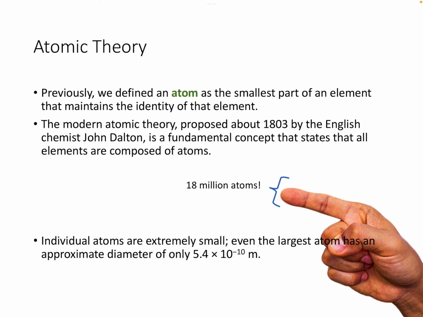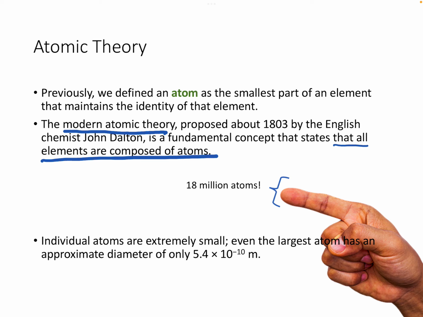This was proposed in 1803, so a very long time ago, over 2 centuries ago. It's a fundamental concept that states that all elements are composed of atoms. So the modern atomic theory says that all elements are composed of atoms.